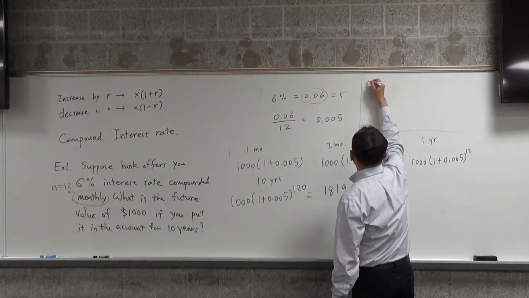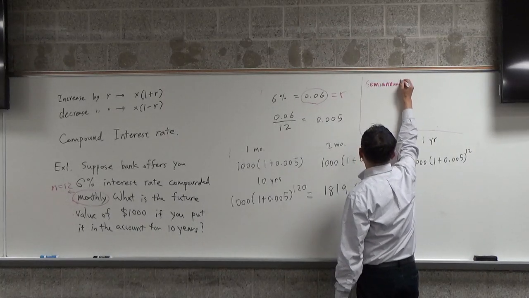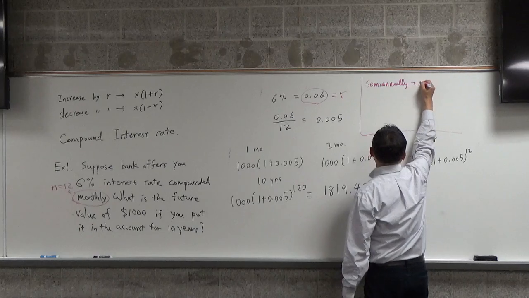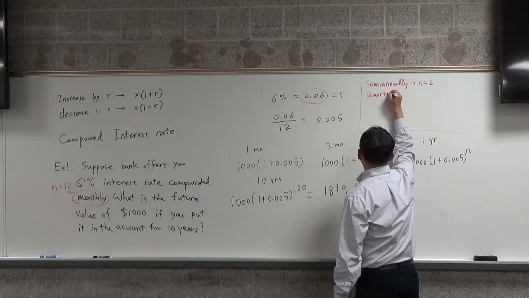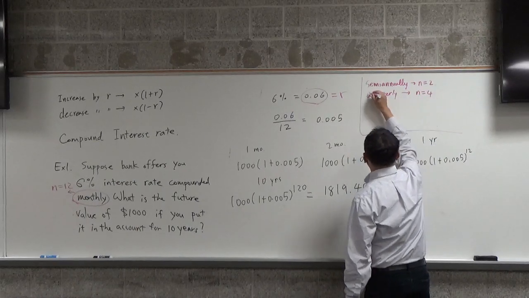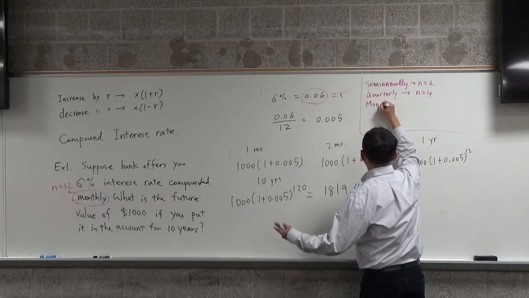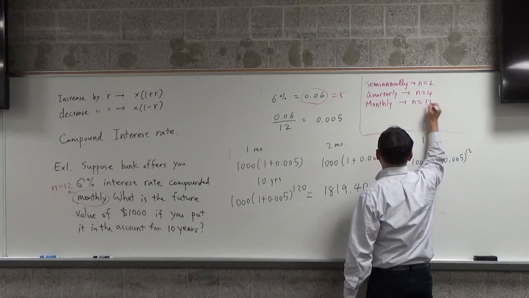So if you have semi-annually, that means N is 2. If you do quarterly, that means N is 4. If you do monthly, that's what we did, that will be N equals 12.